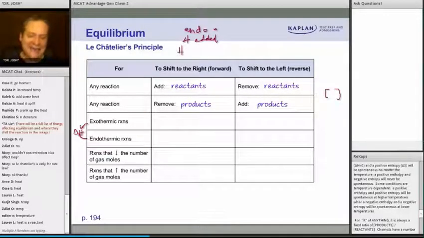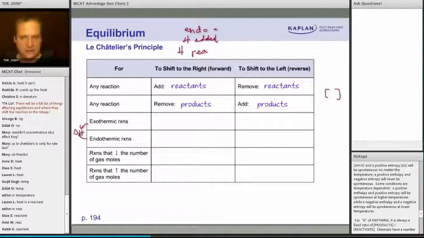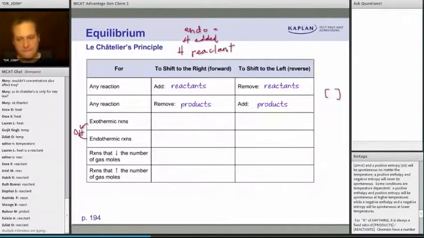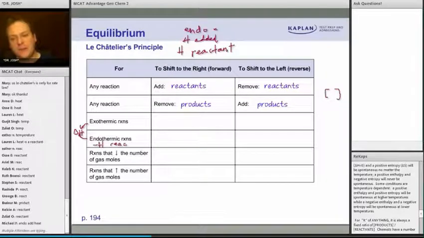If I add heat to my reaction, is heat more likely a product or reactant? Heat's a reactant. So in endothermic processes, think of heat as a reactant. You have to add it to make the reaction go forward.